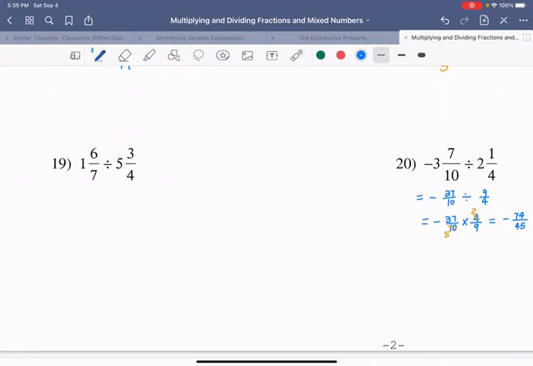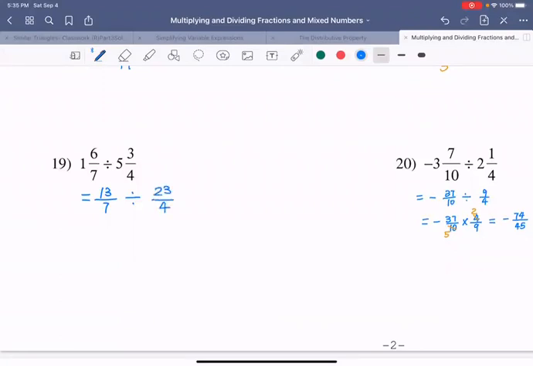1 and 6/7: 7 times 1 plus 6 is 13 over 7. So then, 13 over 7, right? And then 5 and 3/4 in the improper fraction: 4 times 5 is 20 plus 3 is 23/4. Very good.